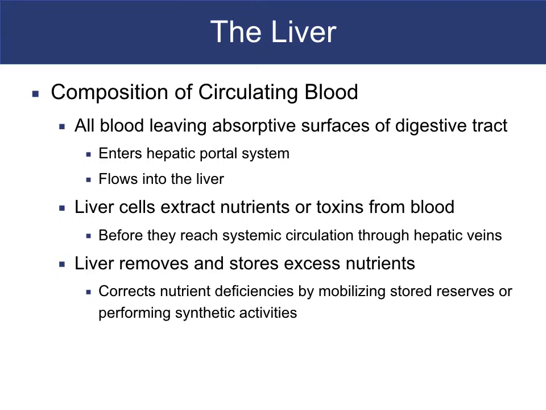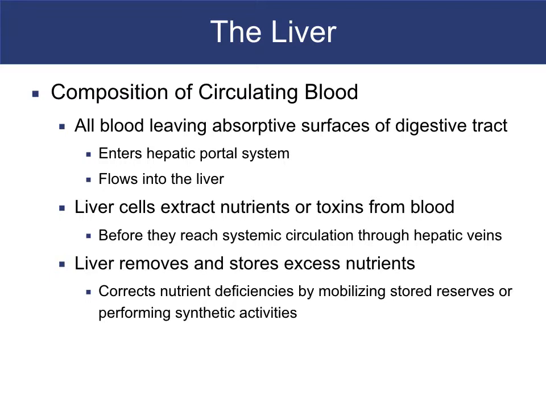And then it all collects into the portal vein, the hepatic portal vein, and goes to the liver. The liver then extracts all those nutrients out of the blood, and then eventually it percolates through the liver and leaves the portal system, basically, and enters through those hepatic veins. Remember, the ones that come in from all sides and go into the vena cava as blood is leaving the liver. So, I think it's just important to know that the liver has a great deal of capacity to correct nutritional deficiencies.